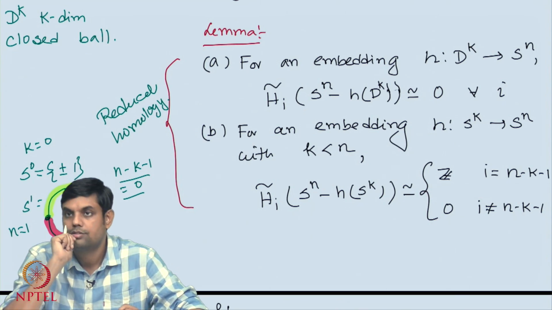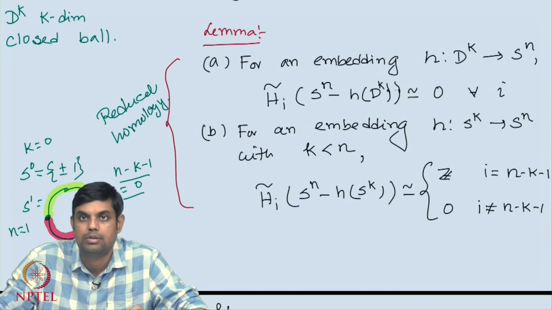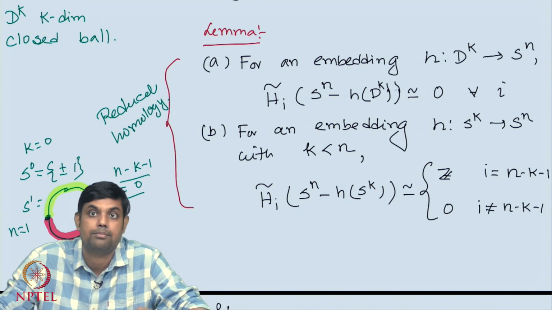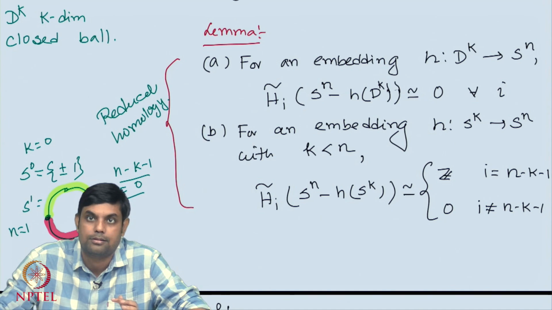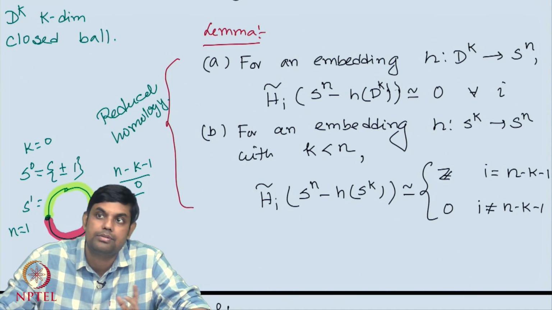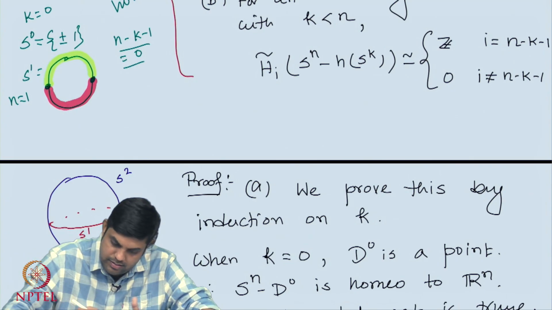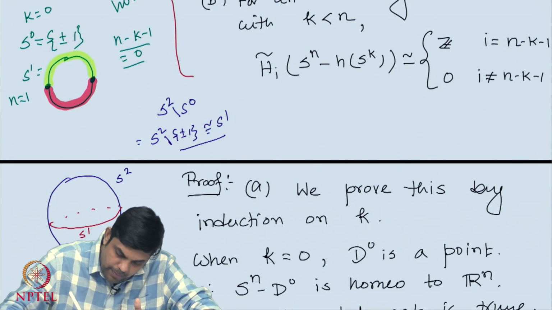Now you can try some other examples also. S2 minus 1 point is contractible, it is a point. S2 minus 2 points is going to be a circle, which has first homology Z, everything else is 0. Let me write it down. If I look at S2 minus S0, that is S2 minus plus minus 1, that is just homeomorphic to a circle.